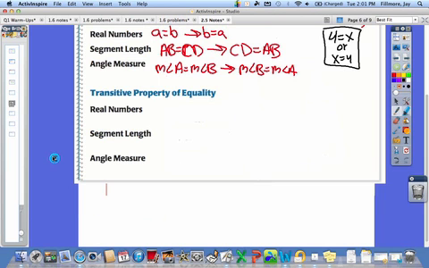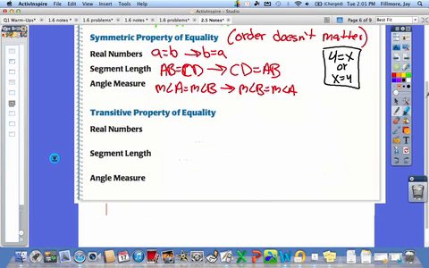Transitive property of equality, so let's look at the transitive property. Transitive property is just like something we've seen before. And let me do this in a different color. It's just like the law of syllogism.